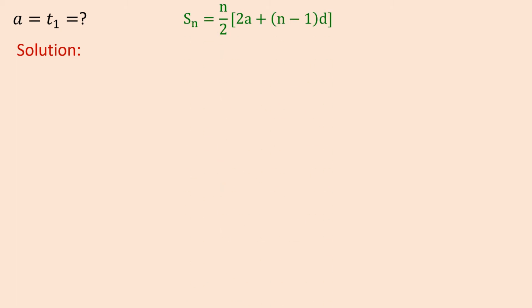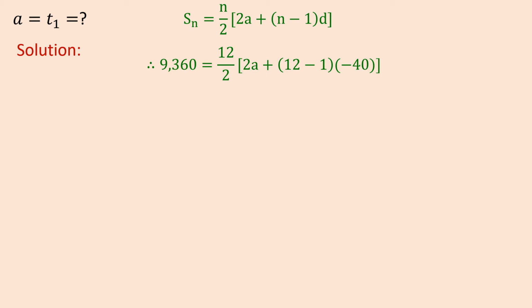We are going to use the Sn formula, because we know the value of S12. So we are going to substitute: 9,360 equals 12 upon 2 into (2a plus (12 minus 1) into (minus 40)).